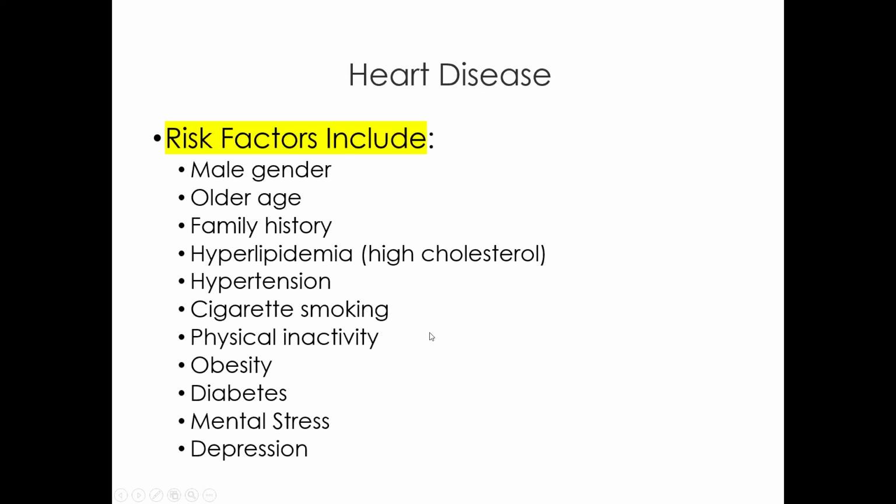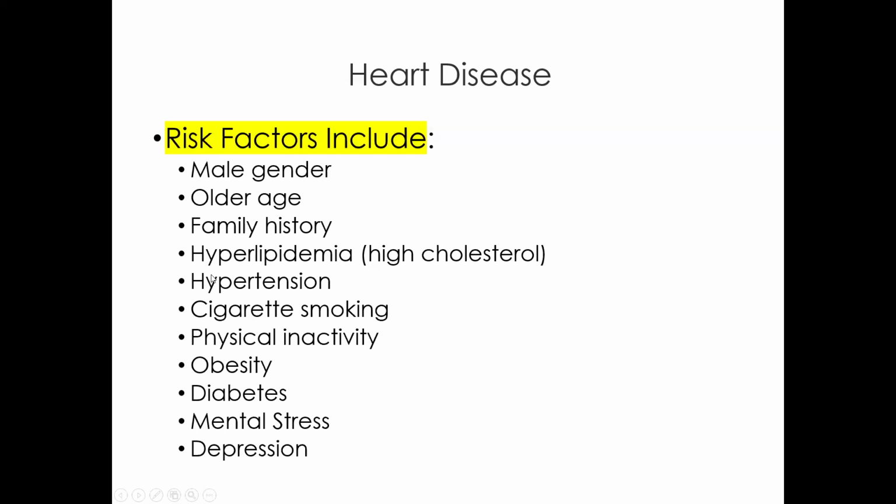So for risk factors for heart disease, this has changed in recent years. There is some variation in the demographics of heart disease, but in general, we do see more heart disease in older males when there's a family history of heart disease. We can see some correlation between hyperlipidemia or high cholesterol.